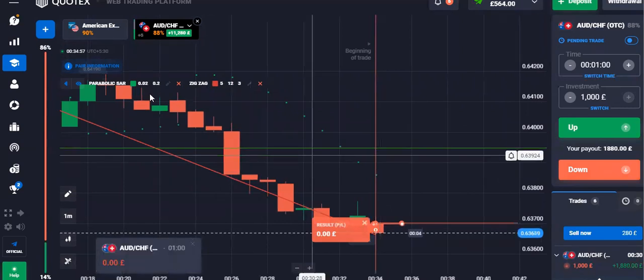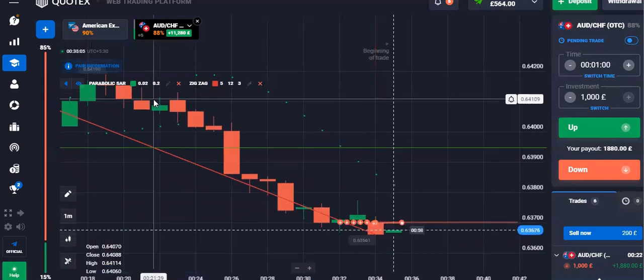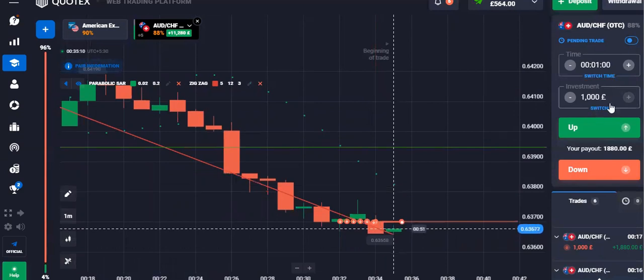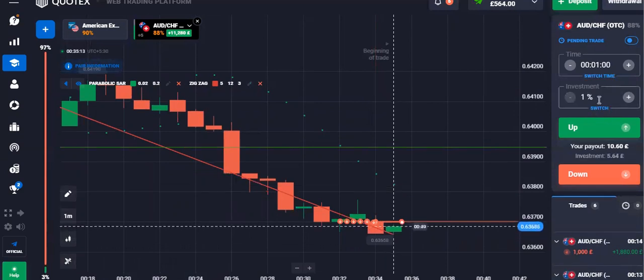Now, even if I have started from the 10,000, I'm sure that this trend is going downwards anyways. I can switch it to the 100%.